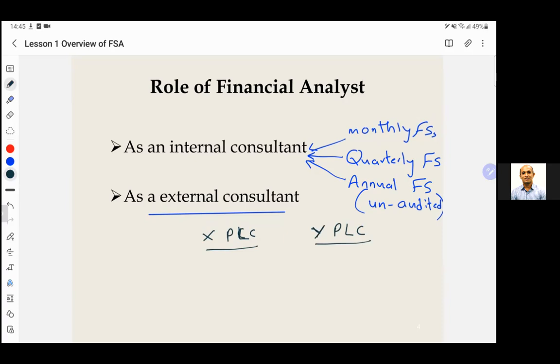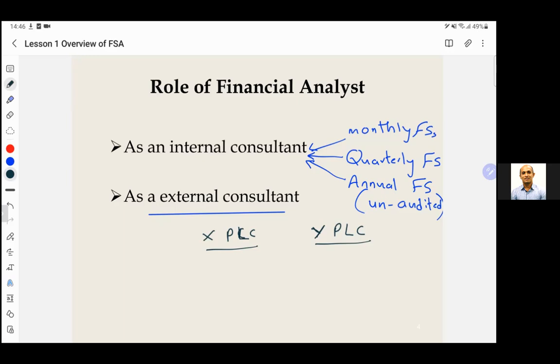So one of your investors, one of your clients, has asked for advice. Now that client wants to know which company is a better investment. Now you see two companies are going for a share issue.